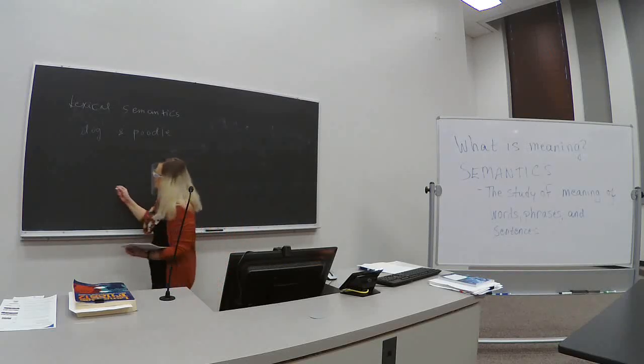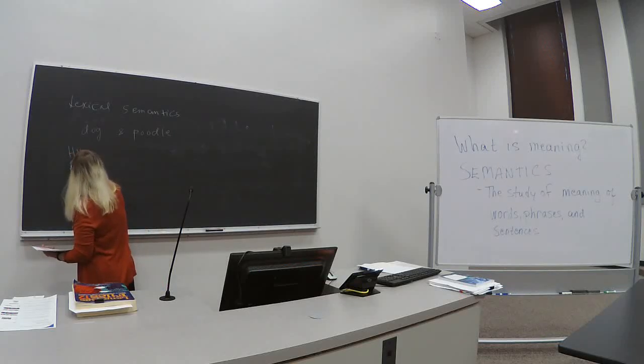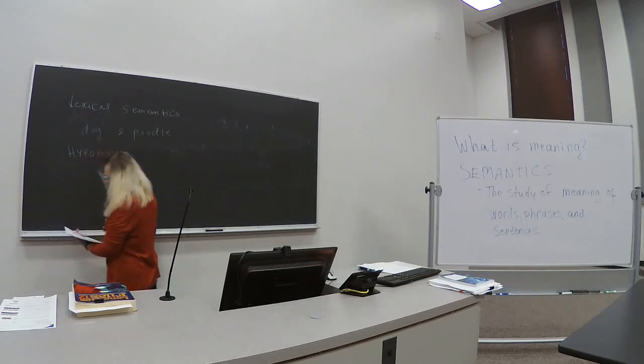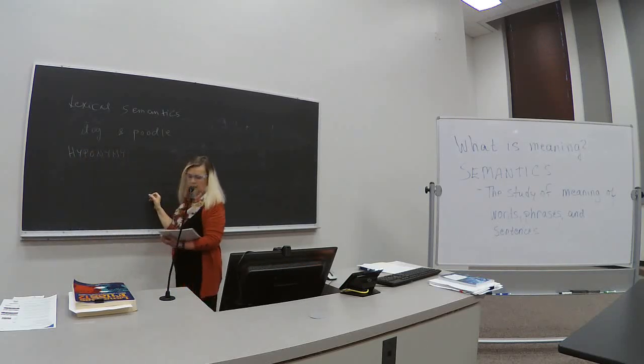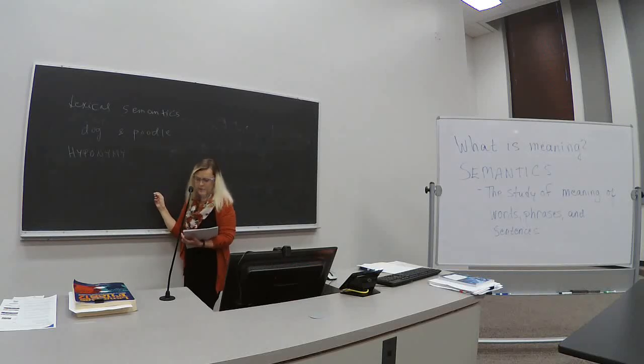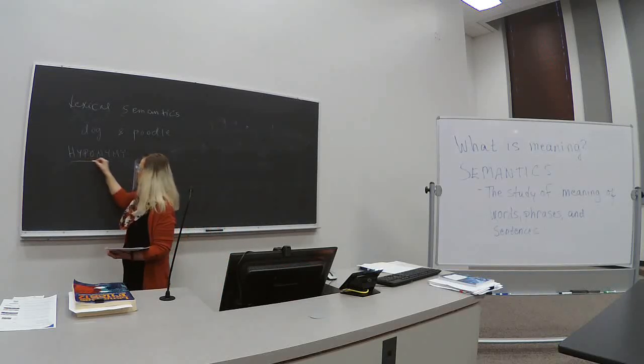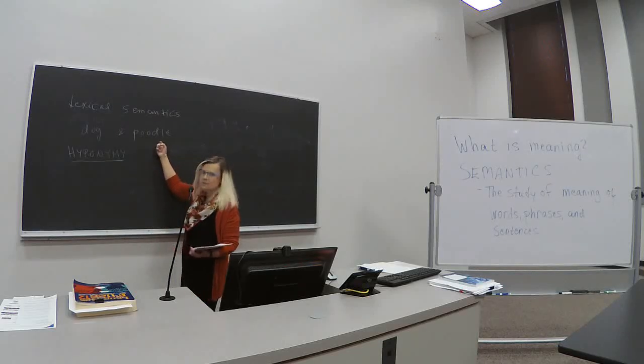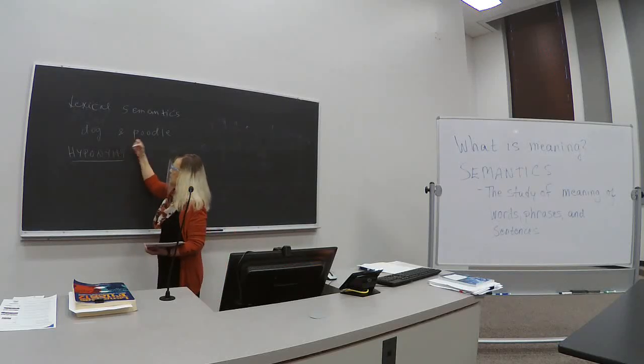So this kind of an approach, this relationship between dog and poodle is called a hyponymic relationship, and it looks at two words where one is included, one's meaning is included in the other.